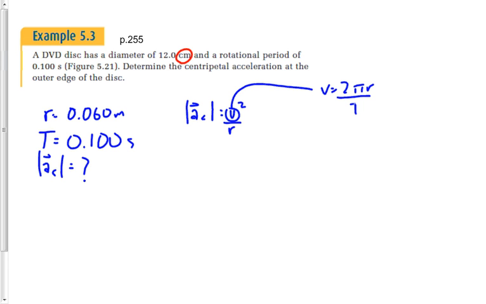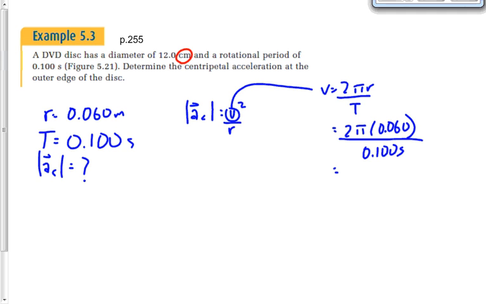Let's combine what we did yesterday and earlier today with what we just did. 2 times pi times 0.060 meters divided by the period of 0.100 seconds. That gives us 3.76991 meters per second.